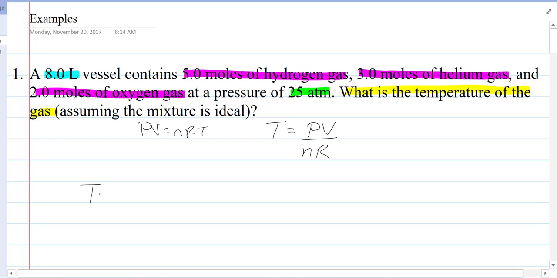So T equals P. That's 25 atmospheres. V, 8.0 liters. N would be 5 plus 3, 8 plus 2, 10 moles. And R, of course, is 0.08206 liters atmospheres per mole Kelvin.